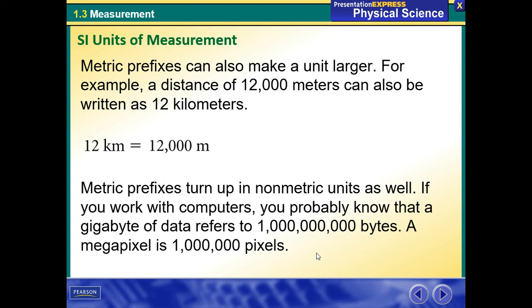For example, if a distance is 12,000 meters, I can write it as 12 kilometers, and it means the same thing. Lastly, metric prefixes can be used for non-metric units as well. Especially if you work with computers or play games, you've probably heard of a gigabyte or a terabyte. Giga and tera are just prefixes. If you work with a camera, megapixels is just a prefix put on the base unit of pixel.